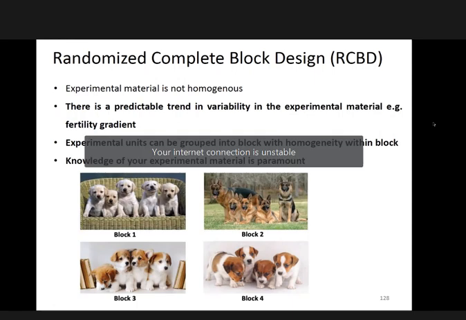Give an example of an experimental unit that you can block in your experiment.